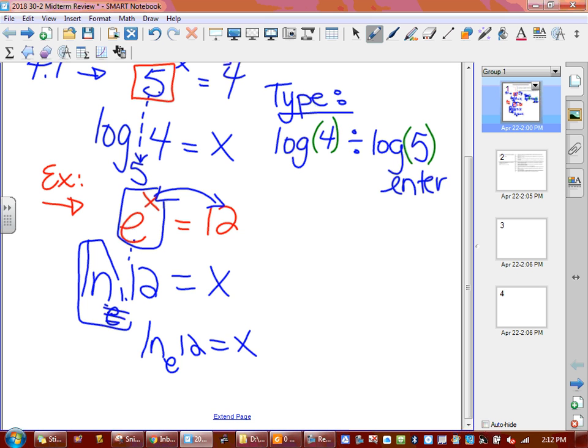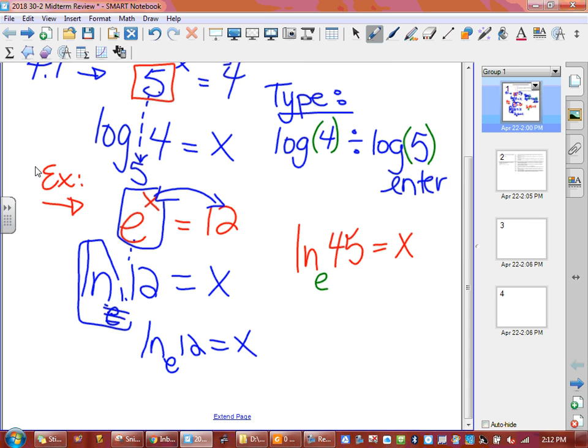Now, let's say we've got one written in ln, and we want to change it back to base E. So let's say you've got ln 45, and you want to change it back to exponential. So the base on ln is always a hiding E. So in order to get rid of that, we're going to base E both sides.